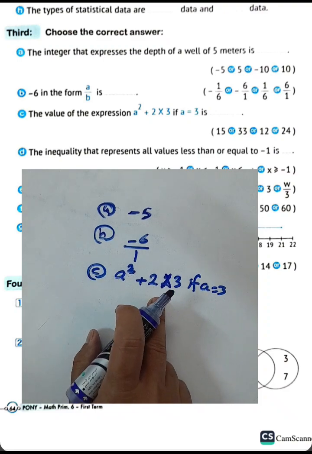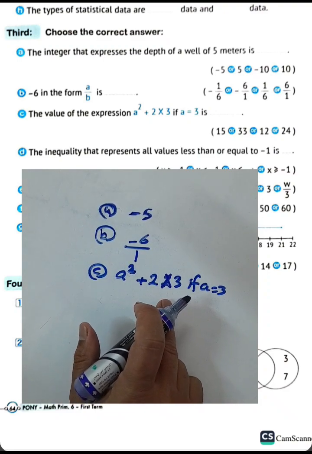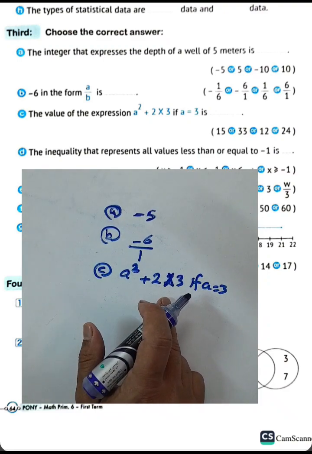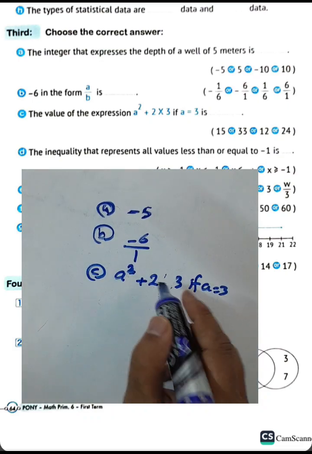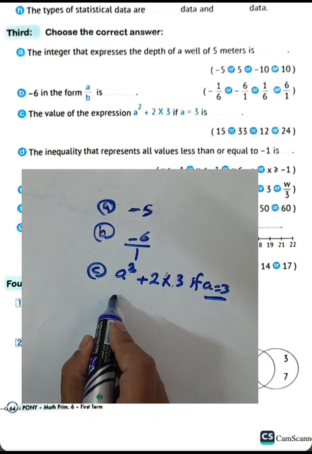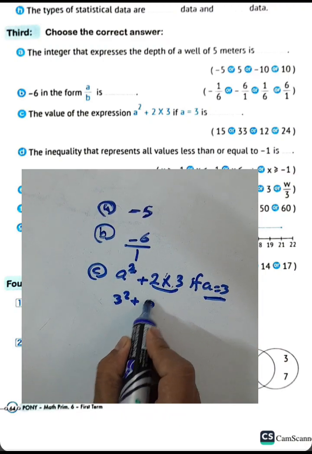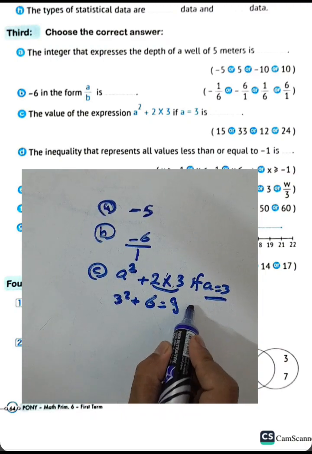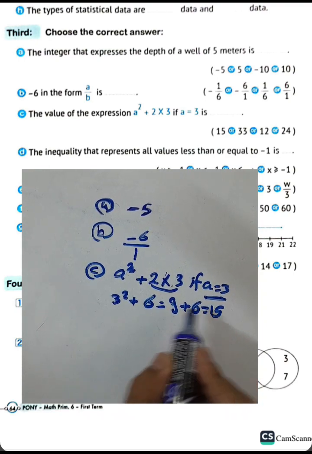It's multiplication, okay? 2 times 3 equals 6. 9 plus 6 equals 15. It's the product, okay? Not x. Okay, put a equal 3. 3 power 2 plus 2 times 3 equals 6. Then 3 power 2 equals 9. 9 plus 6 equals 15.